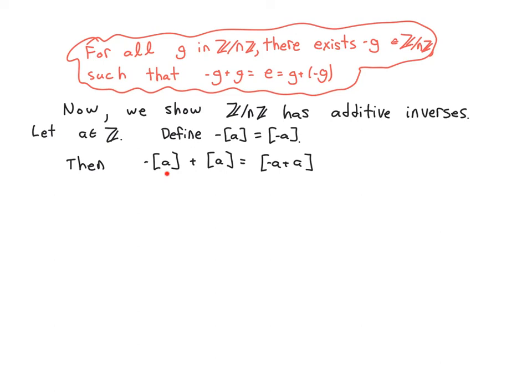So negative equivalence class of A plus A, well, oops, I skipped a step. Let's include that missing step. By definition, that's the equivalence class of negative A. And then by definition of addition, that's negative A plus A, which is the equivalence class of 0, which we already showed was the additive identity.